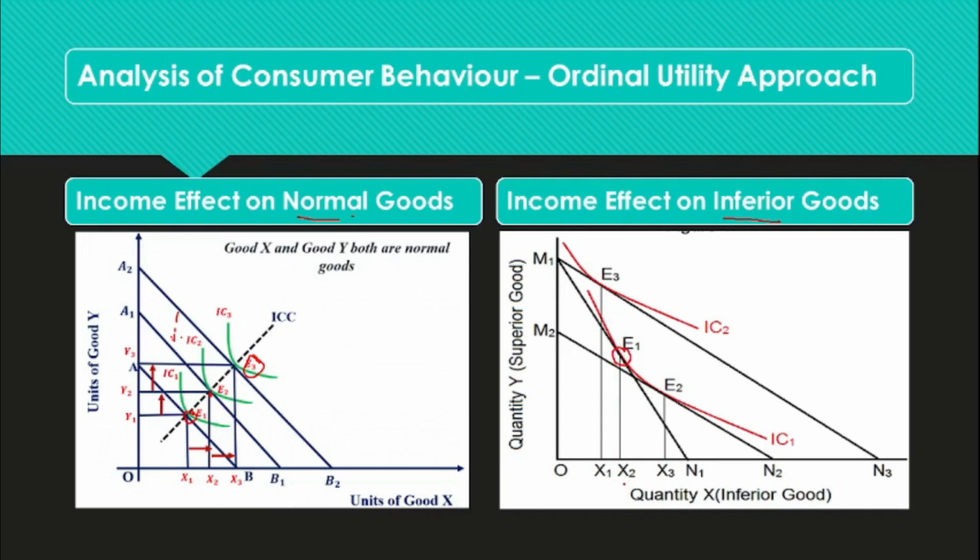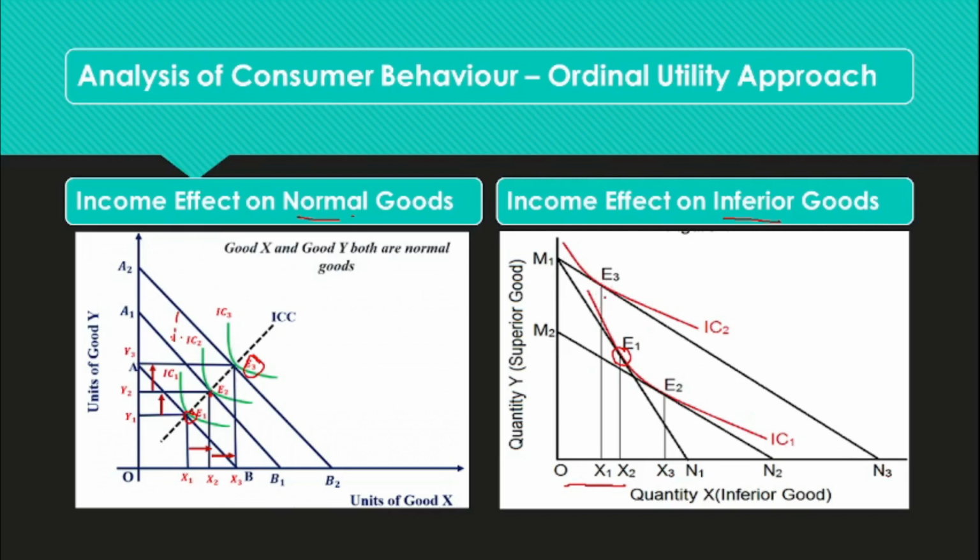At that level we were getting the quantity OX2. Thus X is the inferior good here and Y is the superior good. But what happens? There is an increase in the income from M1N1. We have a higher income of M1N3 and we have a new budget line M1N3.